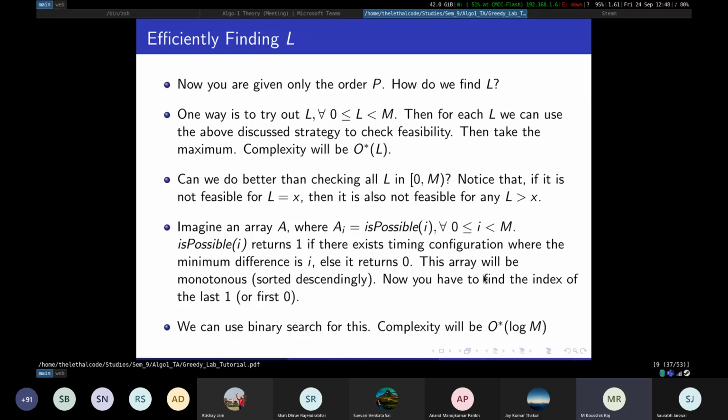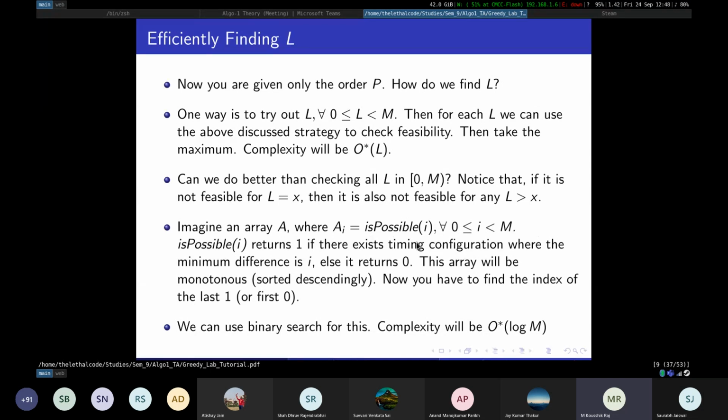So suppose you are doing binary search and you assume that m is 20, but when you're binary searching, you will be accessing only instance 10, instance 5, instance 2, instance 1, similarly, not more than 5 instances. You get it? So what you will be doing is generating the element.